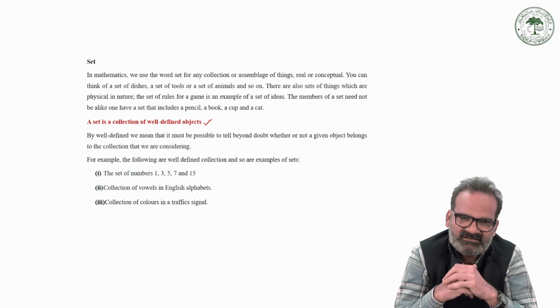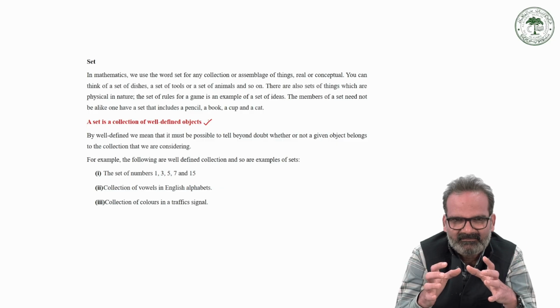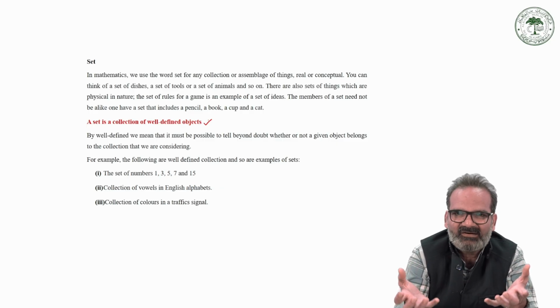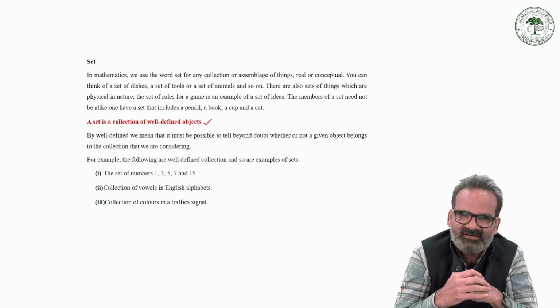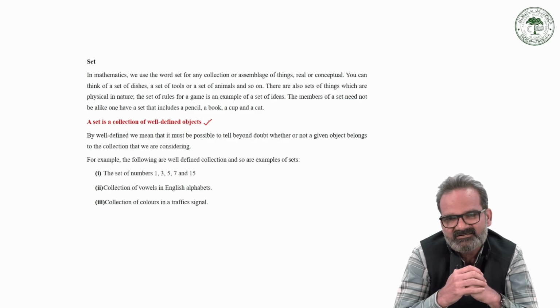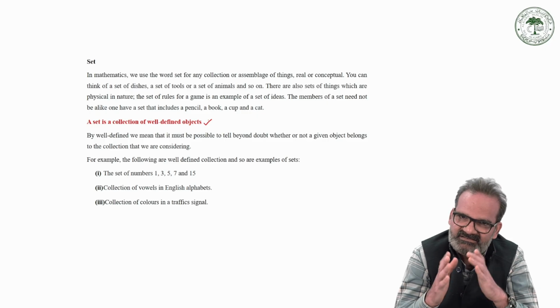Second word is collection. Collection simply refers to congregation or assembly, right? So how many objects you have collected? If this collection is well defined, then we call such a collection a set.